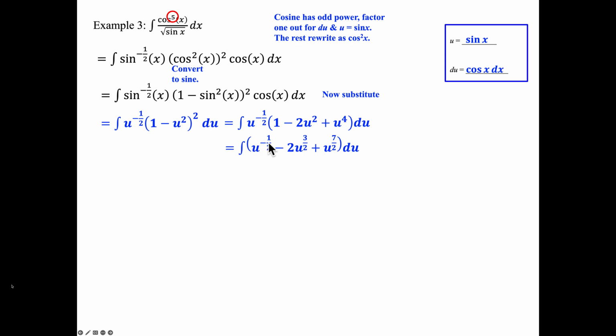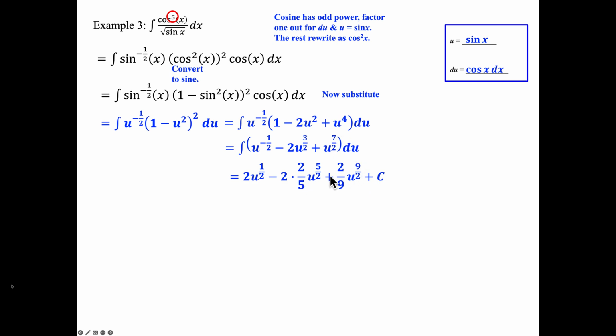So here, add 1, power rule, that'll be u to the 1/2, but you divide by 1/2, which is the same as multiplying by the reciprocal, which is 2. Minus 2, that'll be u to the 5/2. Dividing by 5/2 is the same as multiplying by the reciprocal 2/5. u to the 9/2.